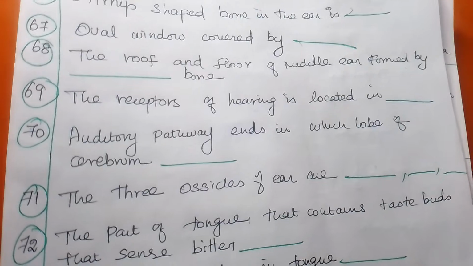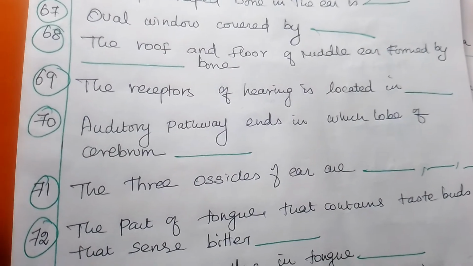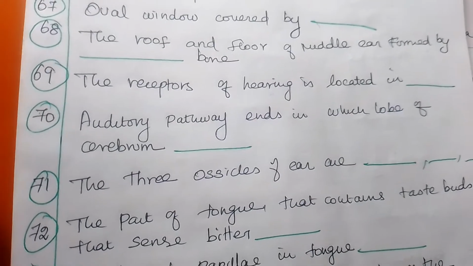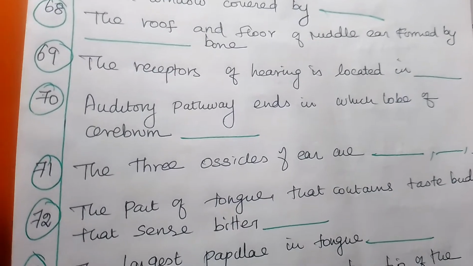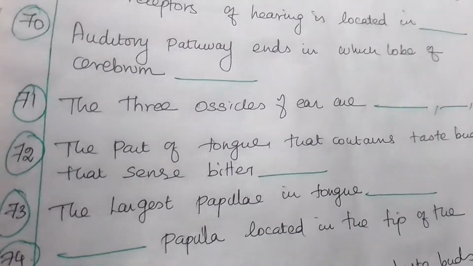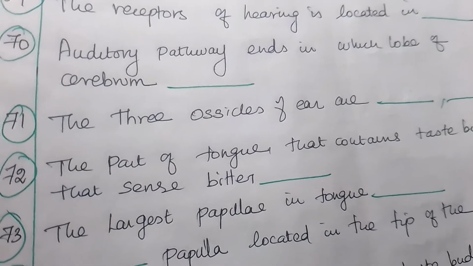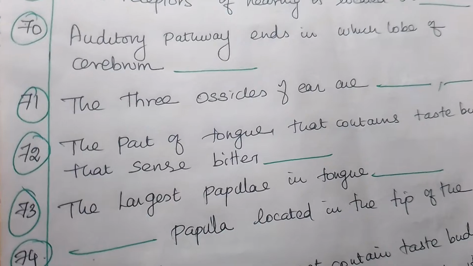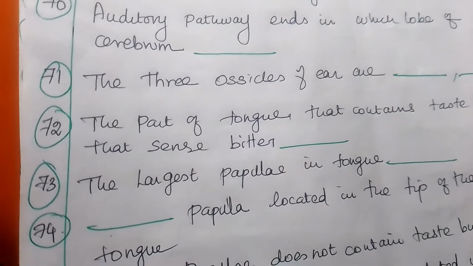The roof and the floor of the middle ear is formed by the temporal bone. Where are the receptors of hearing located? In the organ of Corti. Okay. The auditory pathway ends in which lobe of the cerebrum? It is in the temporal lobe of the cerebrum.